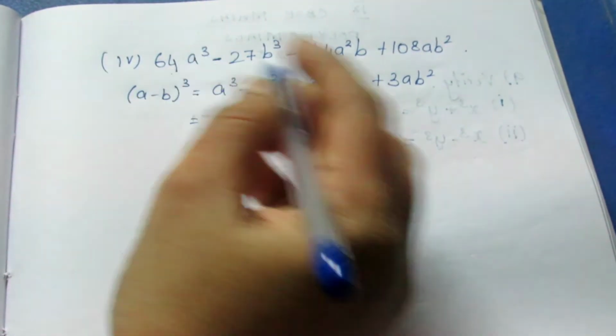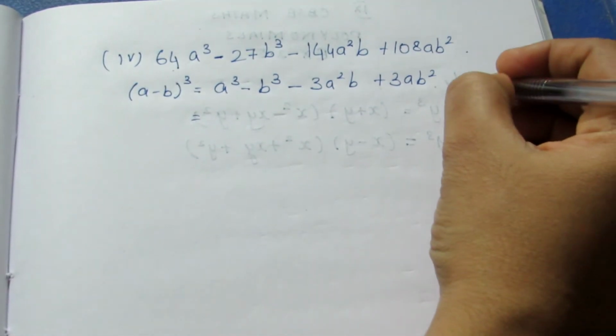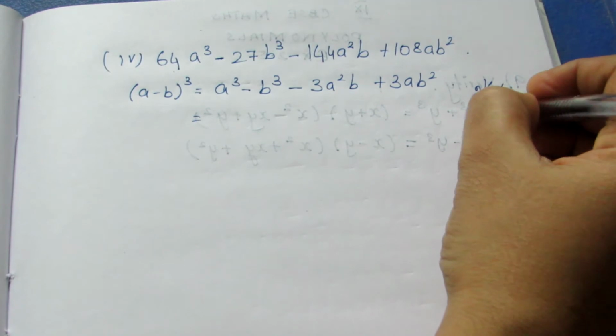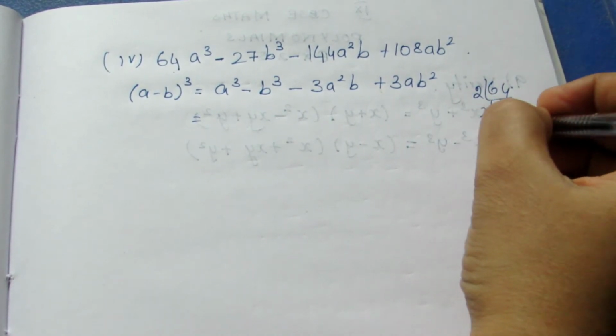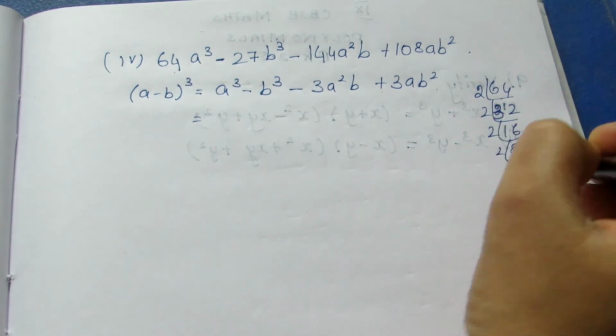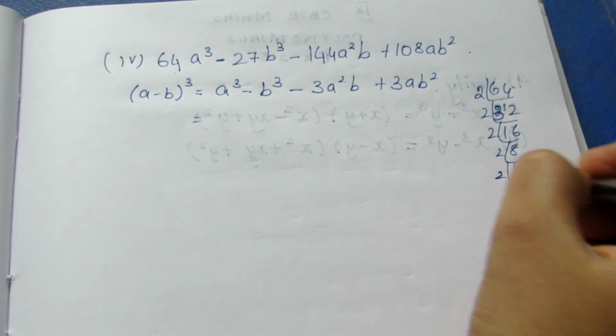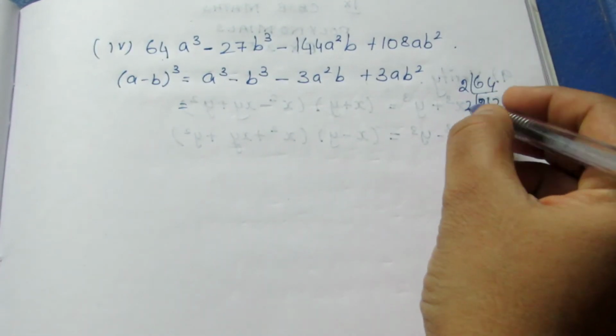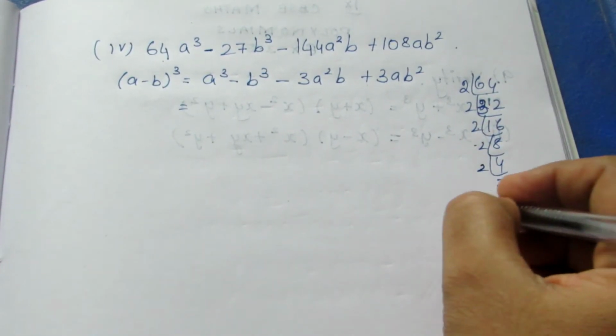Here, factorize it. 64, if we factorize, it goes in 2 tables: 2 3s are 6, 2 2s are 4, again with 2, 2 1s are 2, 2 6s are 12, again with 2, 2 8s are 16, 2 4s are 8, 2 2s are 4. Here we have 2 power 6, cube root.